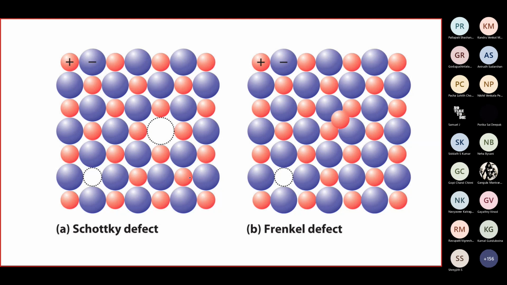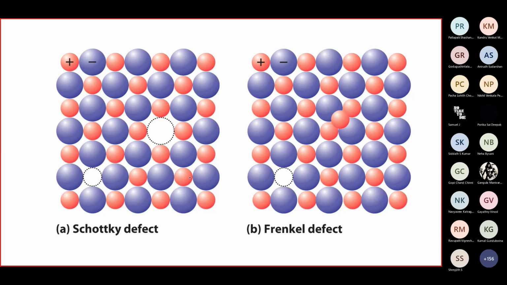One Schottky defect is equal to one pair of ions, one cation and one anion. So many pairs of ions are absent, and the absence of each pair is called one Schottky defect.